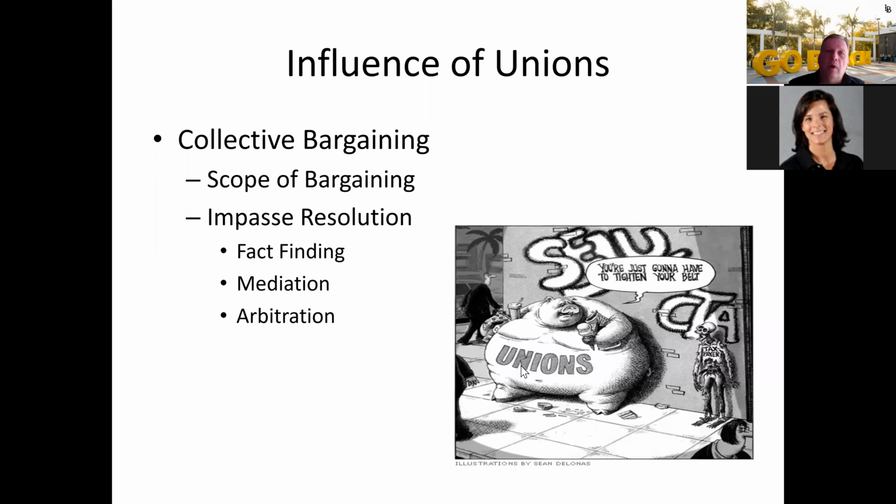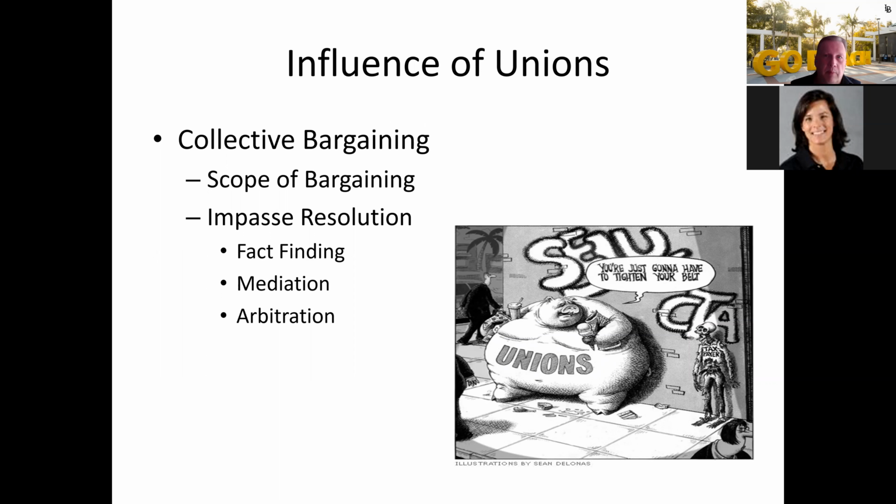And then we said, as public managers, when we are managing our human resources, we need to be cognizant of these career civil service protections that are afforded to our employees. But overlay on top of those, protections that our employees have from the collective bargaining process.